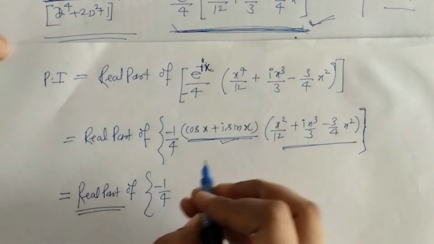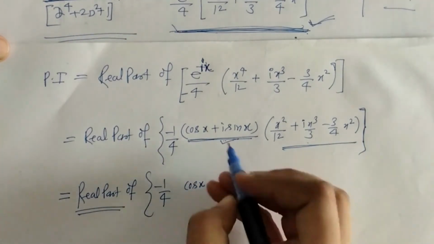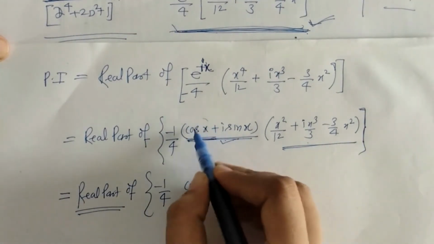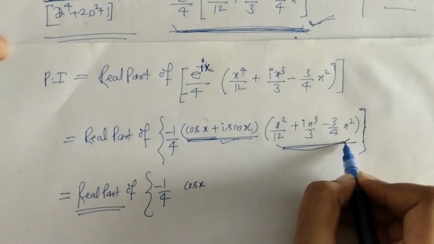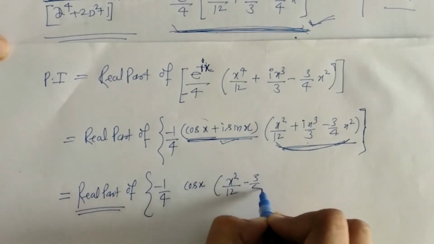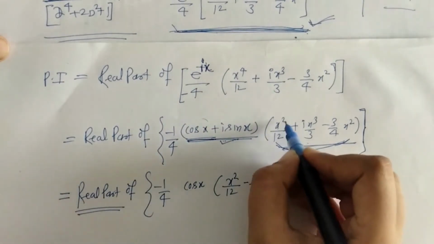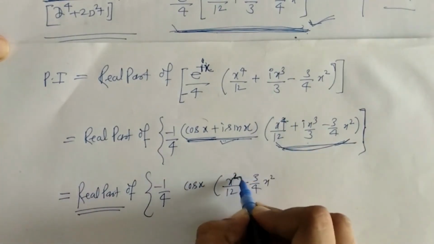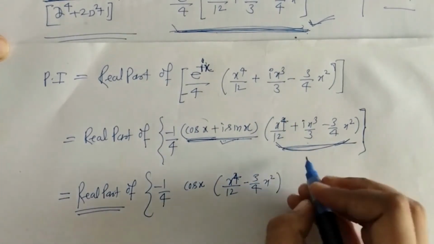So we will write down. First we will multiply cos x to the term which is free from I. So here we have x raised to 4, right?